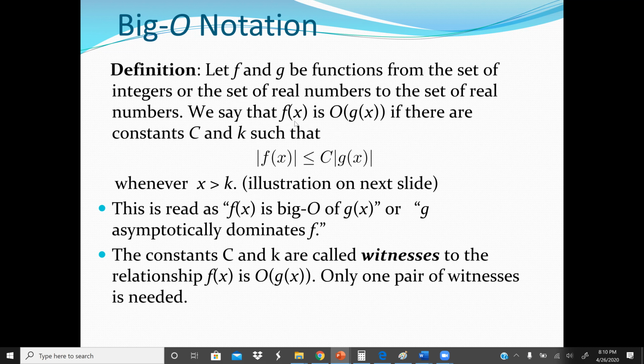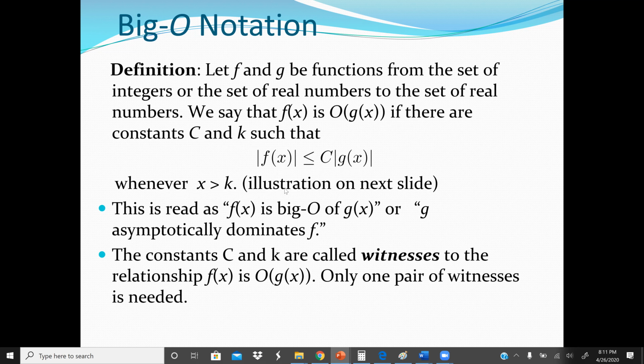We say that f(x) is big O of g(x) if and only if there are constants c and k such that f(x) is less than or equal to c times g(x) whenever x is greater than k.